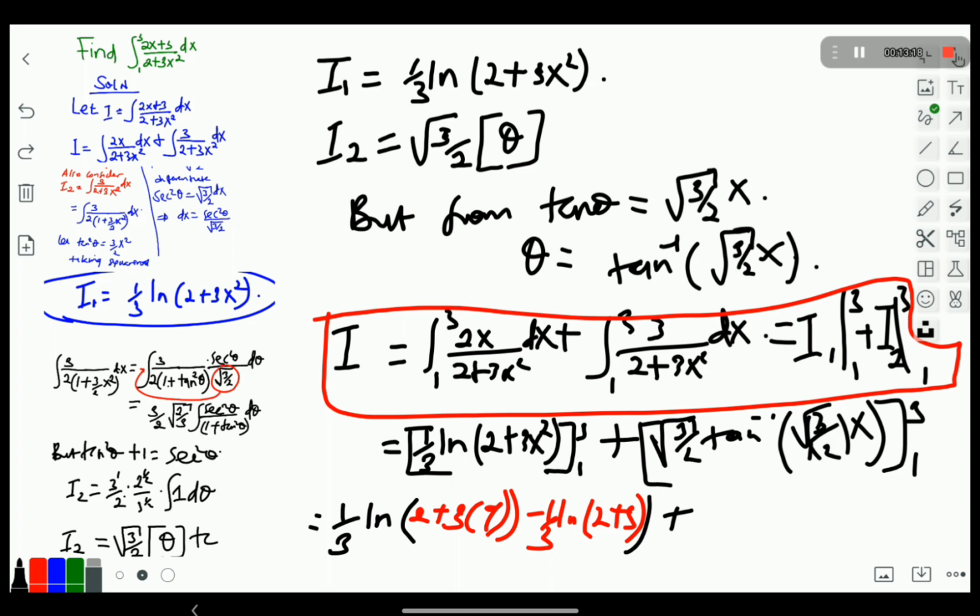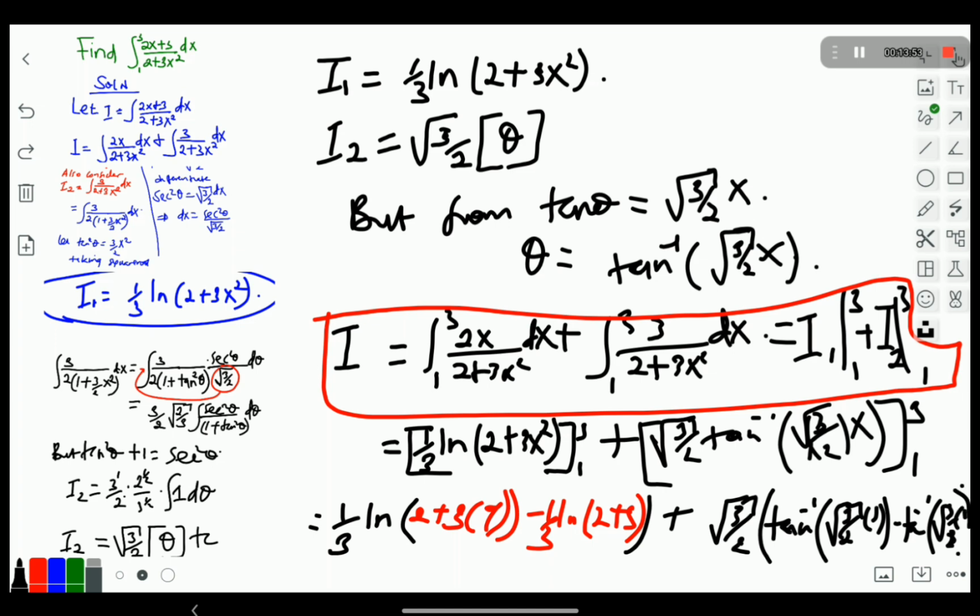Then we add the tan part, where root 3 over 2 is common, so it's root 3 over 2 times tan inverse for the first value, which is 3, and also for the second value, which is 1, so it will be tan inverse of root 3 over 2 times 3, then minus tan inverse of root 3 over 2 times 1.